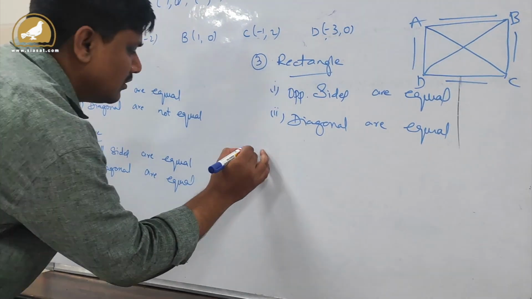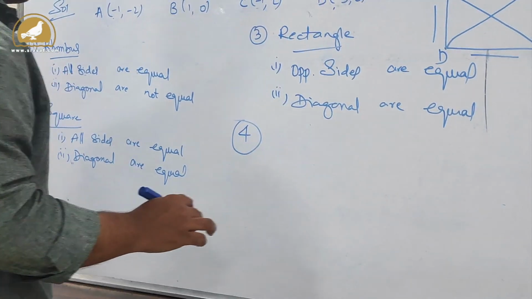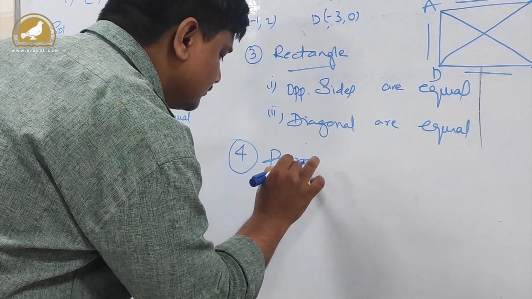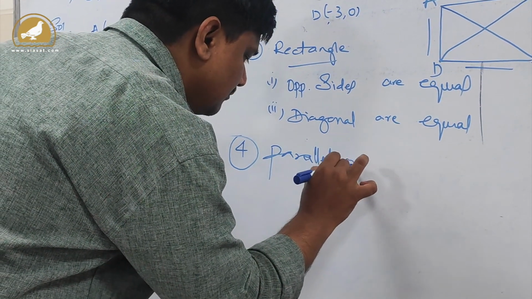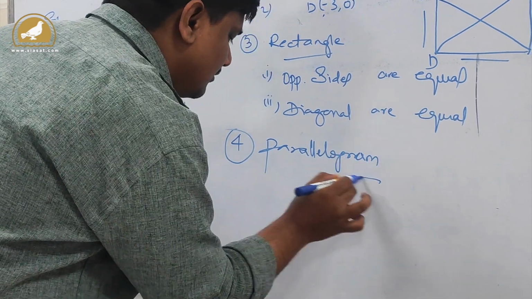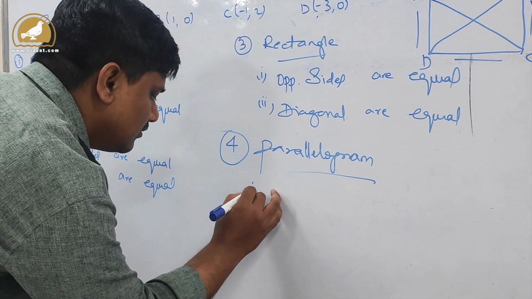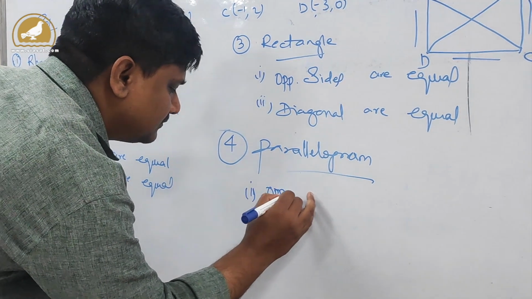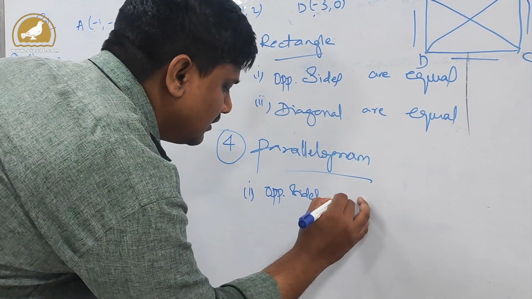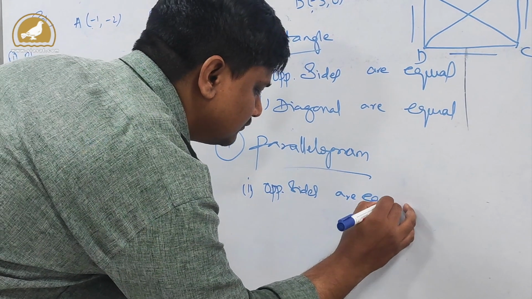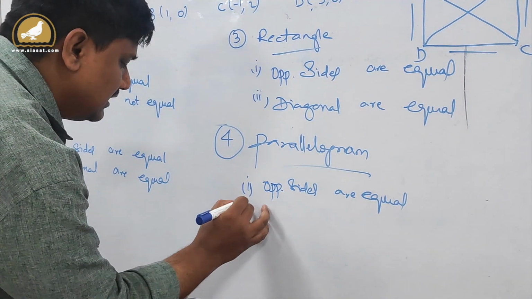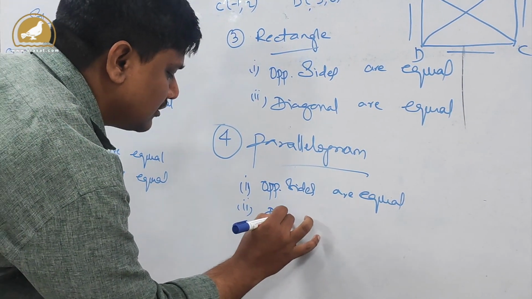But in case of a parallelogram, opposite sides are equal, but diagonals are not equal.